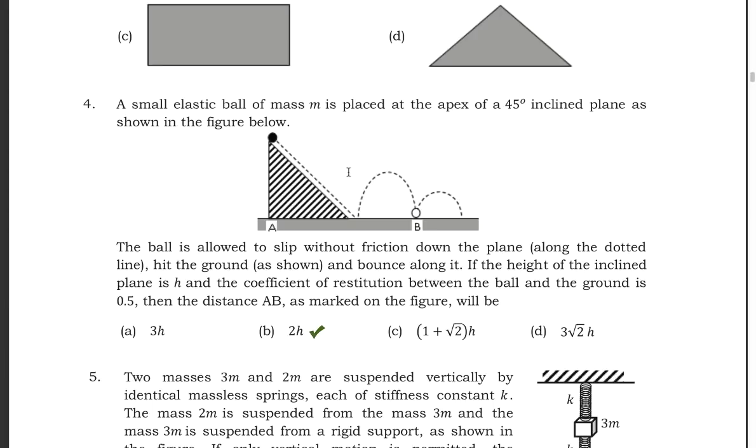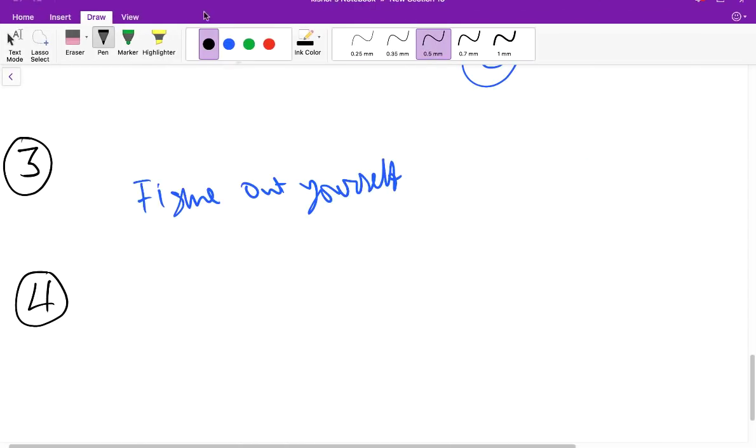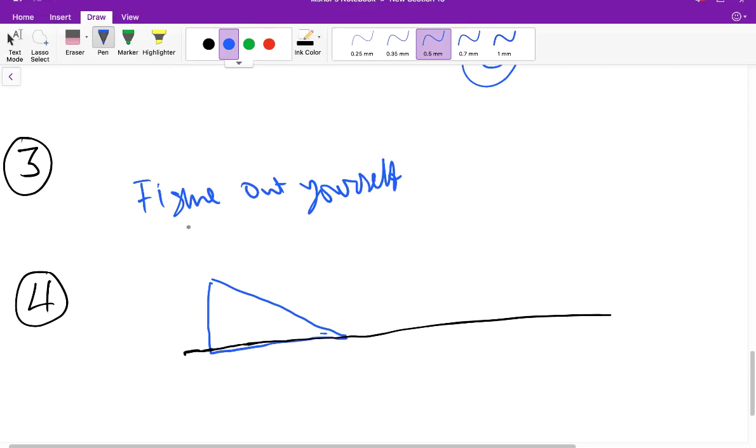Okay, so this is our inclined plane. Let's draw the surface. Now the ball is somewhere here and it has mass m.